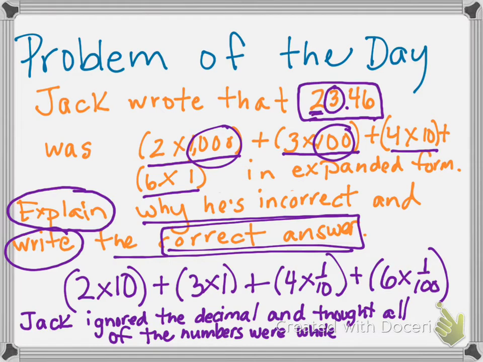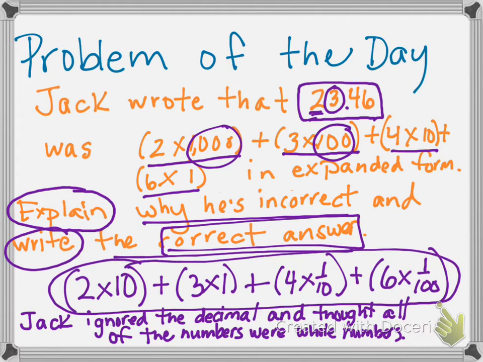That's what he did wrong. So I have explain why he's incorrect. He's incorrect because he ignored the decimal and thought all the numbers were whole numbers. And then I have my correct answer here. So I have a complete answer. Now, if you don't have both of those, I really want you to work on reading the question carefully and underlining or really thinking about what the question is asking you to do.